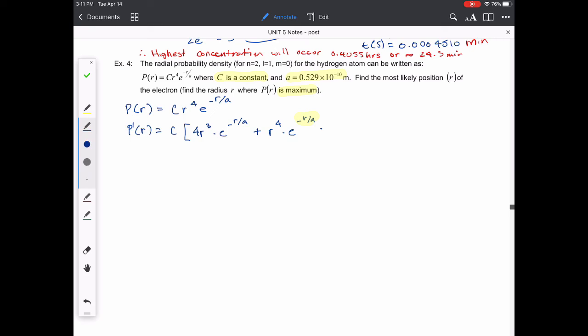So this is where we have to be careful. So it's going to be negative 1 over A.